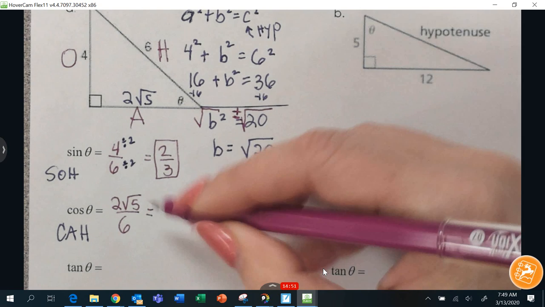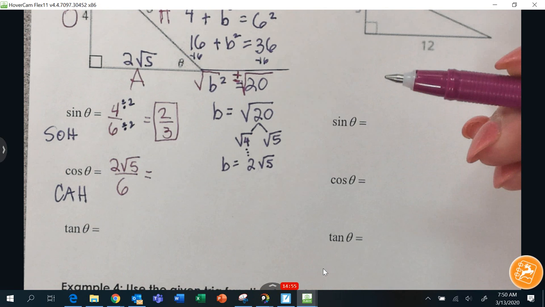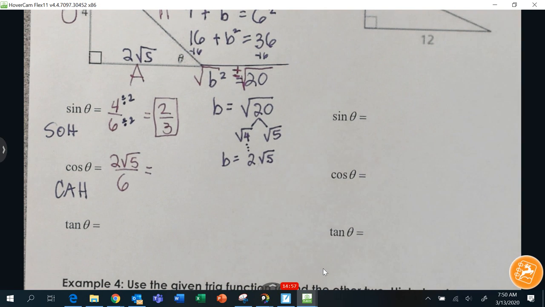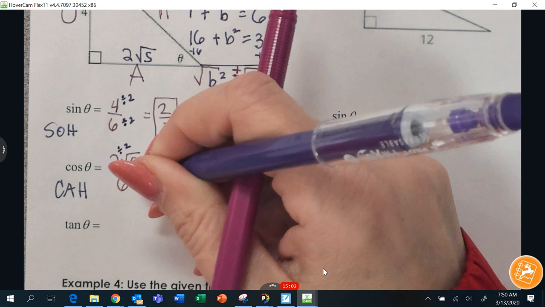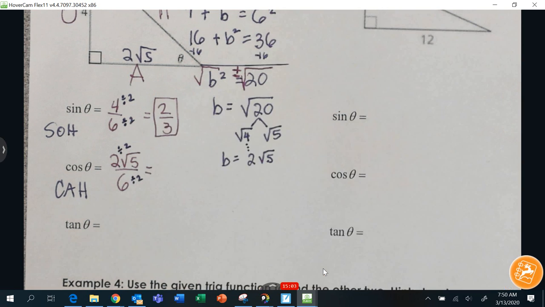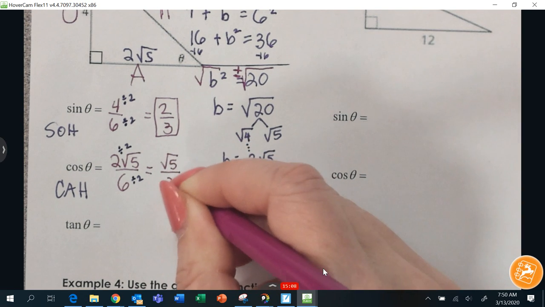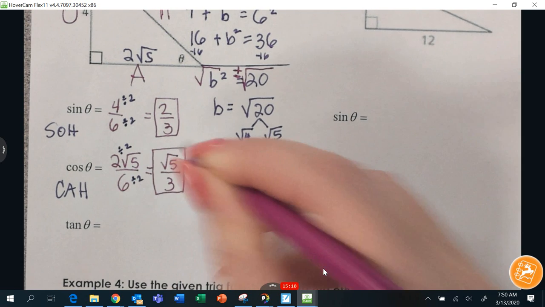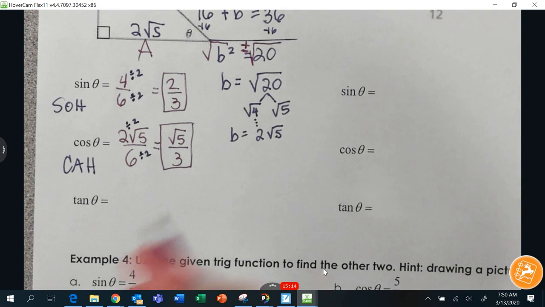To reduce this one, if 2 and 6 are both not under the radical, I can reduce them. I'm going to reduce by a value of 2. So I get just a square root 5 on top over 3. So there's my cosine.